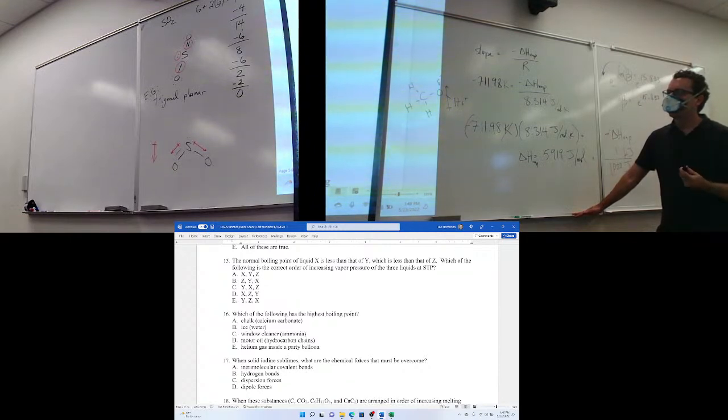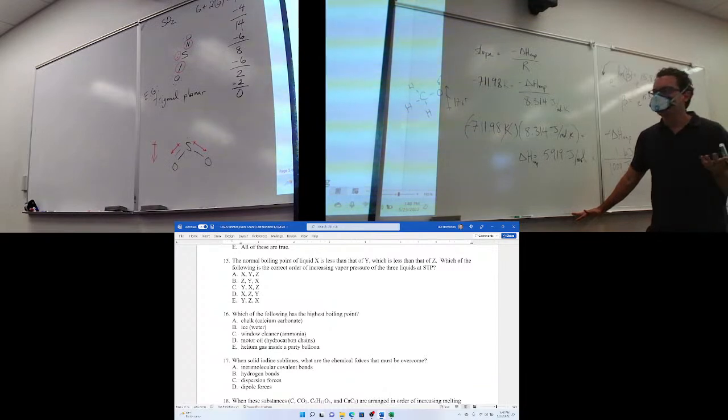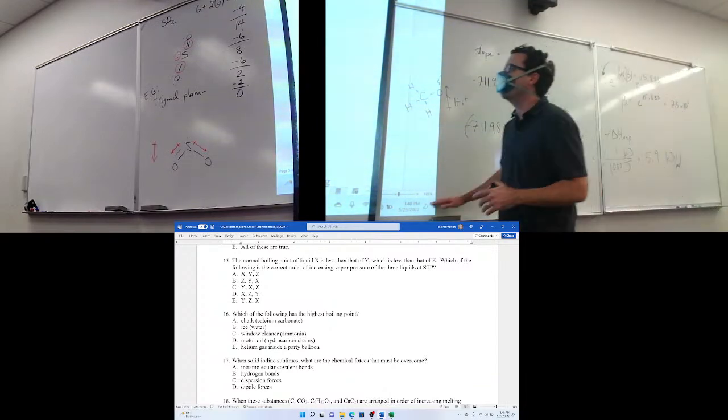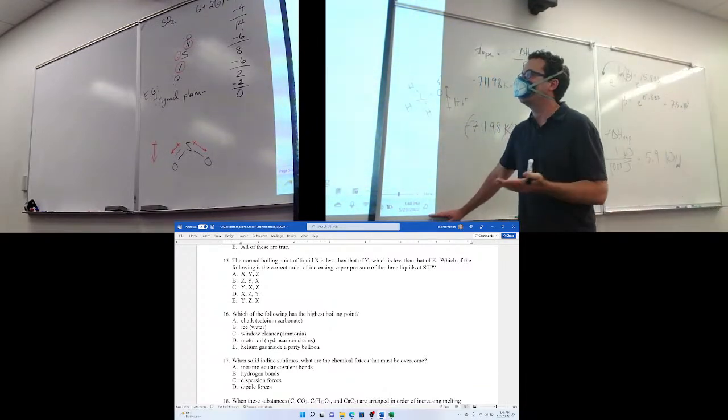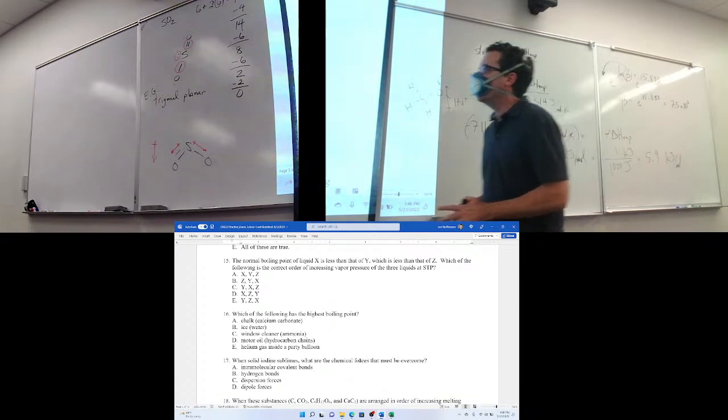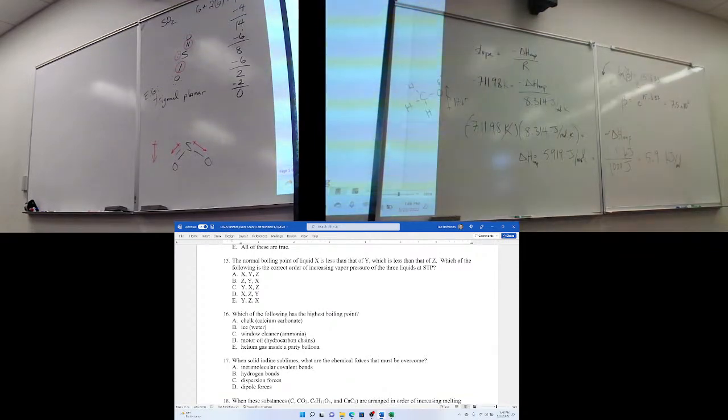So what you're doing here is understanding a combination of what you know about IMFs and what you know about the different kinds of bonding and what kind of things they create. We've got a couple of molecular things: ice, water, ammonia, hydrocarbon chains. These are all molecular. This is not even a molecule, it's atomic, but neutral.